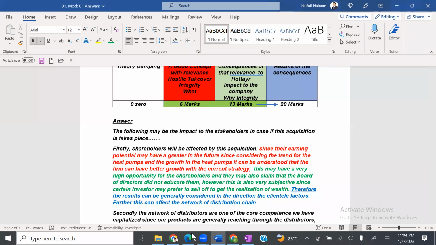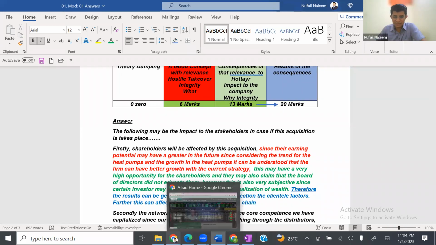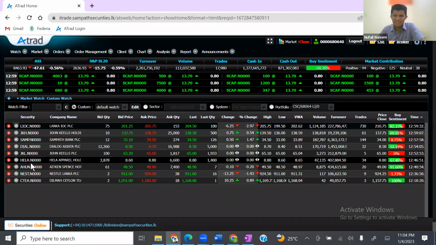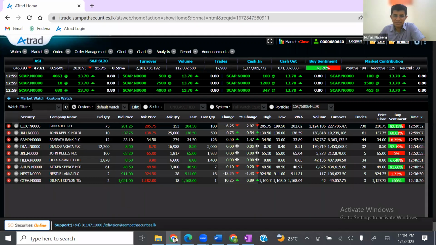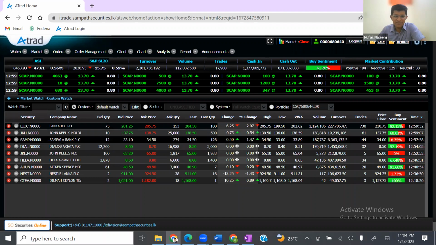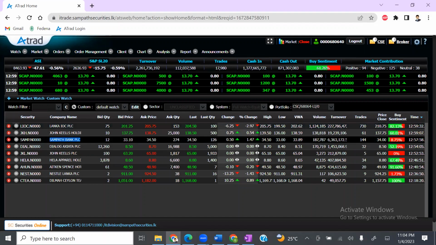Now Priscilla will do a practical analysis. Priscilla, can you see this stock market, if I'm not mistaken? Yes, sir, I can see. Now you see Sampath Bank. There is something called Sampath Bank Public Limited Company. You can see that, right? Sampath Bank, the highlighted one. The buying sentiment is how much?